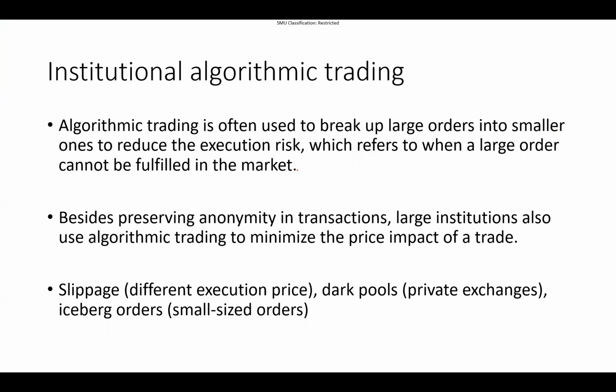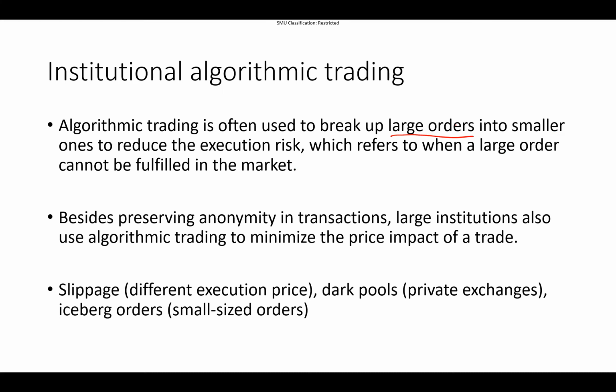And let's continue. So institutional algorithmic trading usually comes in large volume, right? So we have large models and we need to break them out, because if we suddenly execute a lot of models, then one thing is we may not have enough demand or supply in the markets.